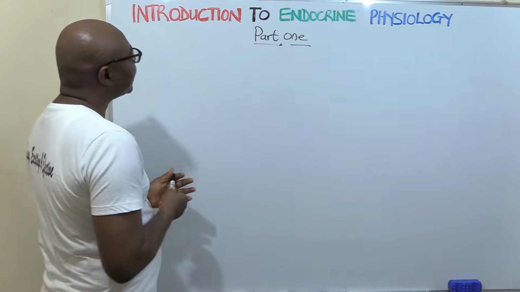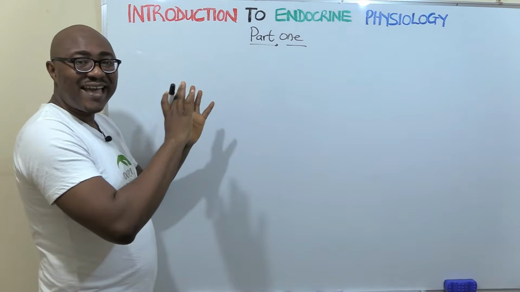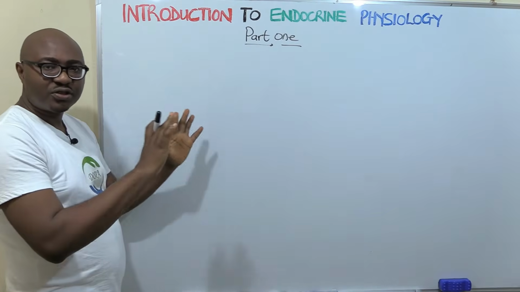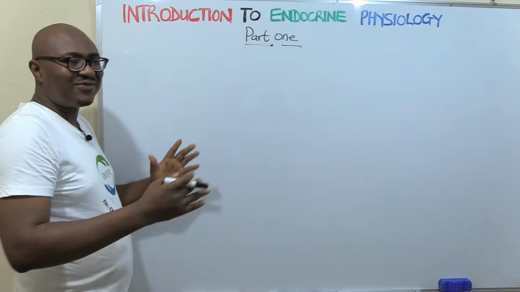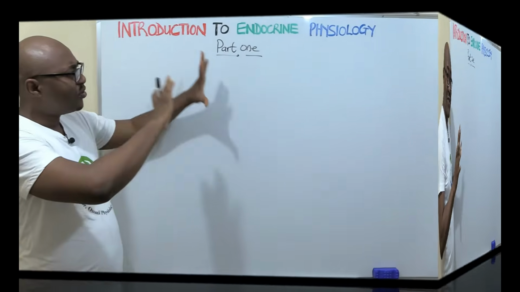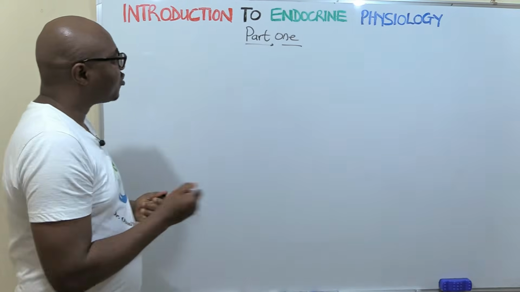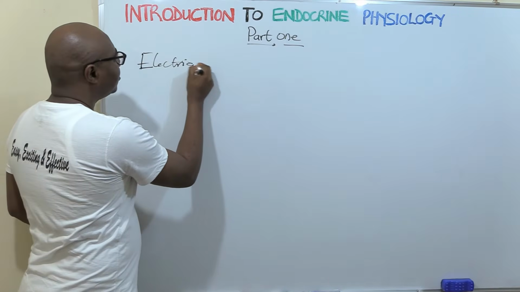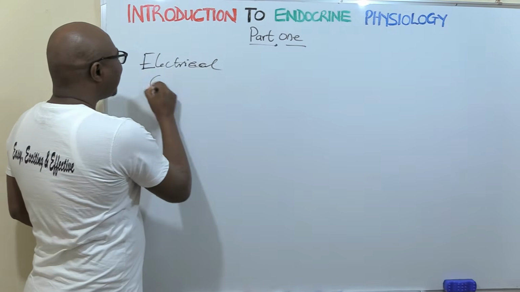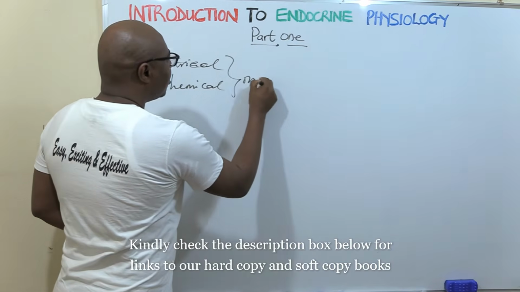Now let's get started. So today we're going to be doing endocrine physiology, an introduction to endocrine physiology, and after that we're going to do reproductive physiology. Now, the body has two major ways of communication. One is electrical means, and the other is chemical means of communication.